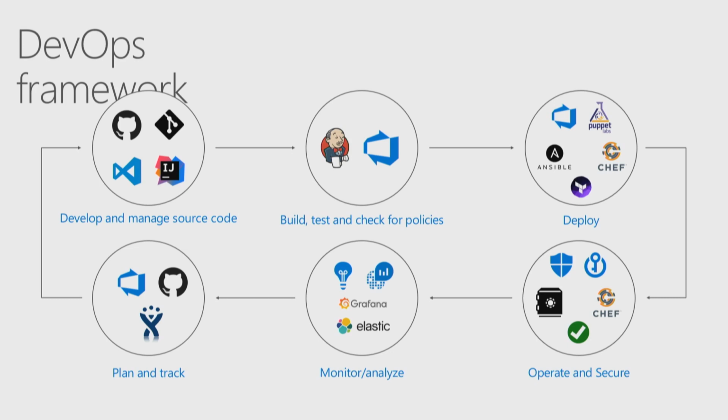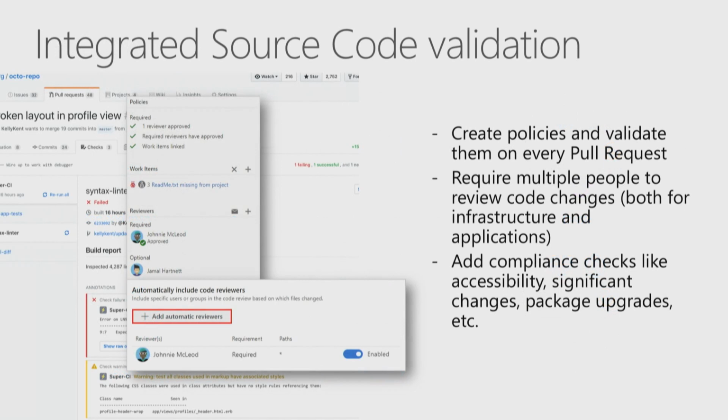And so what can you do in the step where you're checking the code, making security part of this pipeline in DevOps? I brought in some ideas. One of the things you can do is source code validation.